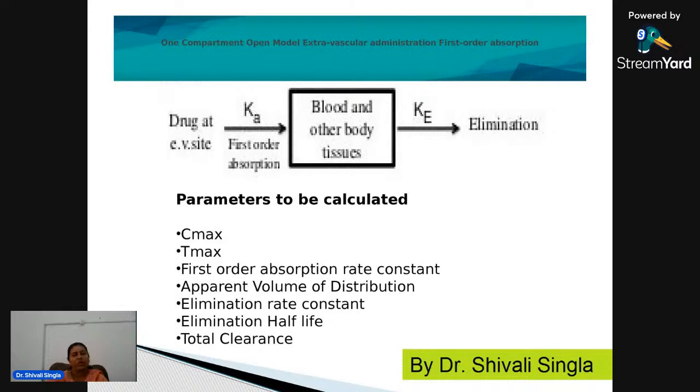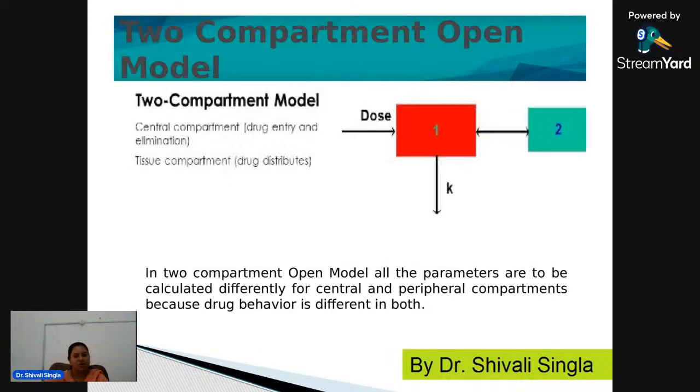Here we need to calculate the rate constant for absorption as well as the rate constant for elimination. Parameters to be calculated are Cmax, means maximum concentration in the blood, Tmax, time to reach maximum concentration, first order absorption rate constant, apparent volume of distribution, elimination rate constant, elimination half-life and total clearance.